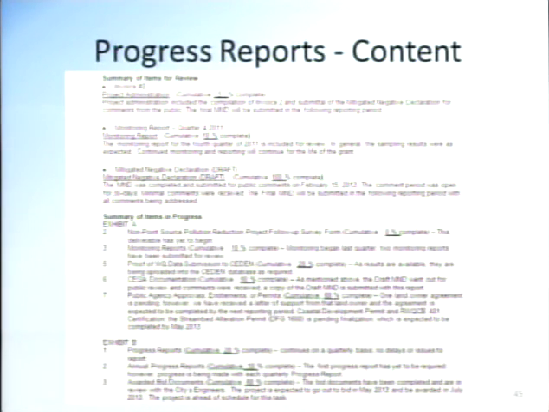Your monitoring report, if you're doing monitoring on a quarterly basis, you will probably be submitting that with your progress report, so you would be putting that under your items for review. And then your items in progress are the items that you've started working on but haven't completed. So if you haven't started any work on them, do not start summarizing anything here.